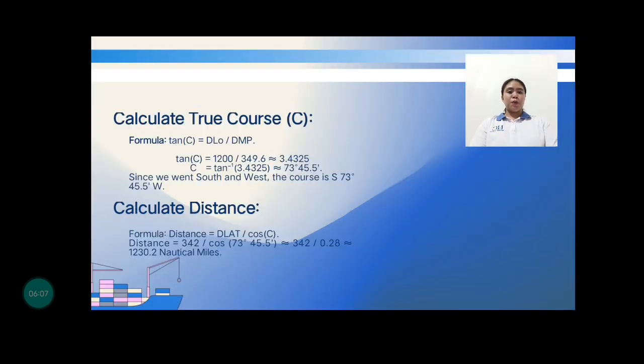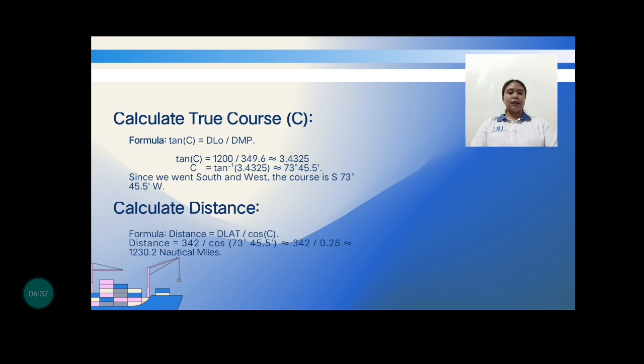So next, we need to calculate the true course. So we have the formula of true course: tan C equals DLO over DMP. So tan C equals 1,200 over 349.6. So we have 3.4325, and course equals shift tan 3.4325.